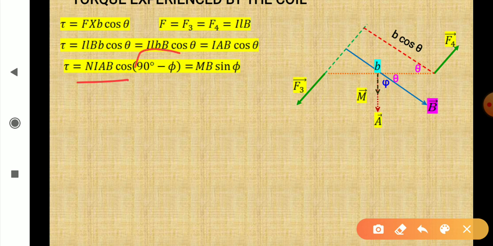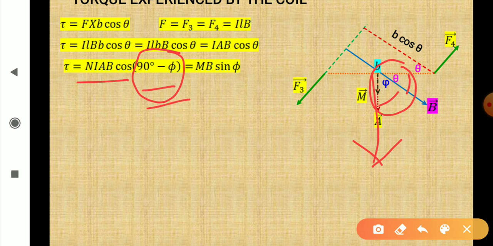Now let me talk about this angle. This angle theta is known to you, and the area vector is along the normal, and this angle is phi. So that means theta plus phi is equal to 90 degrees, or theta is equal to 90 minus phi.